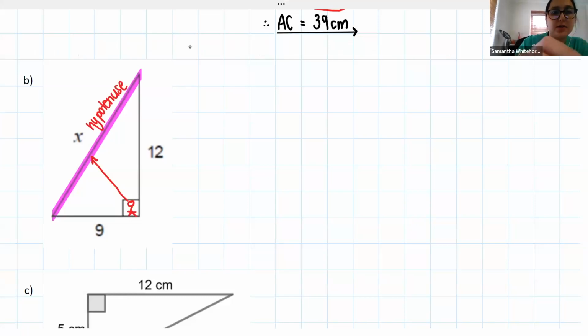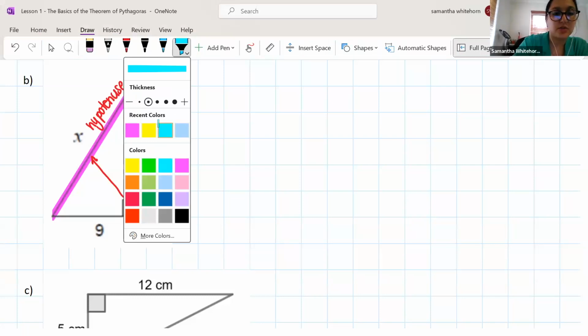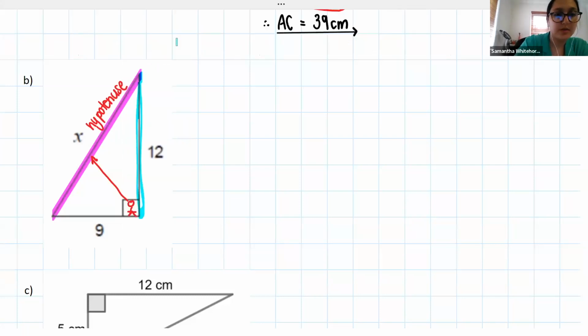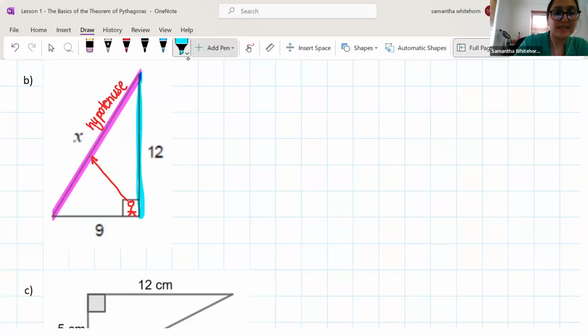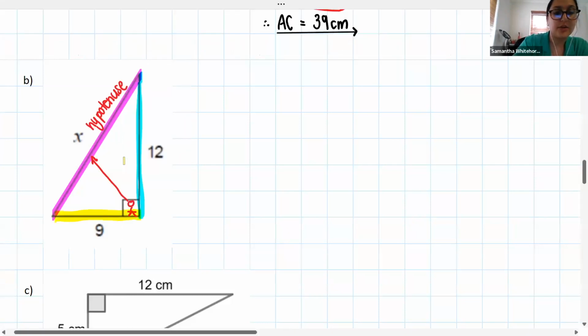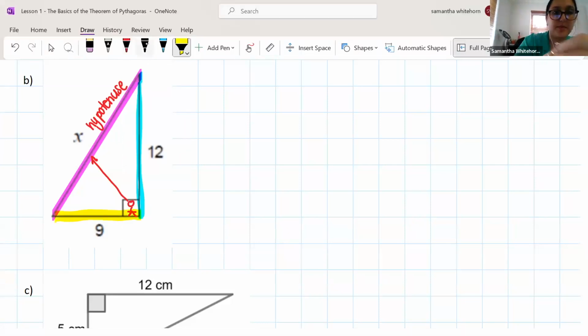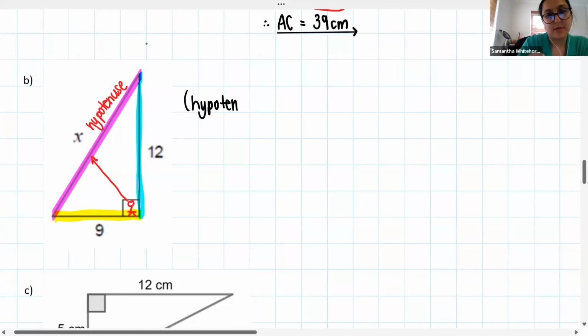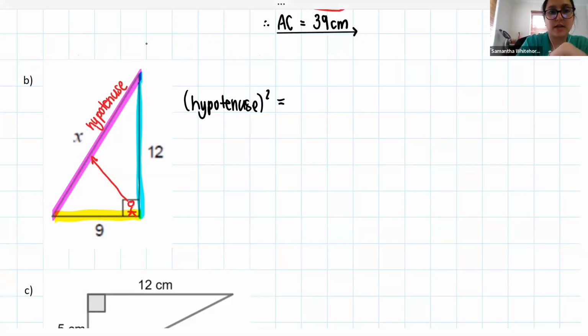Okay, now that I know that, I can very clearly see that I have my two other sides. I've got 12 that I know the length of, as well as 9 that I know the length of. So we can now set up our Pythagorean theorem. Okay, so hypotenuse squared is equal to our two other sides squared.